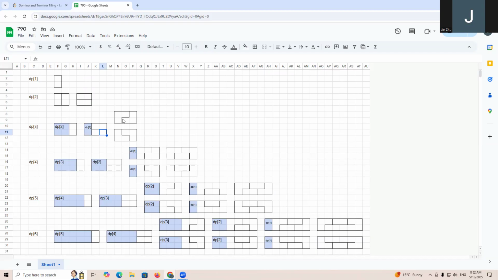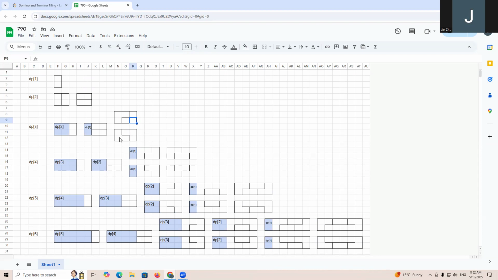And also we can use the tromino. What we can do is have the two-part horizontal piece on top first, and the two-part piece on the bottom next.